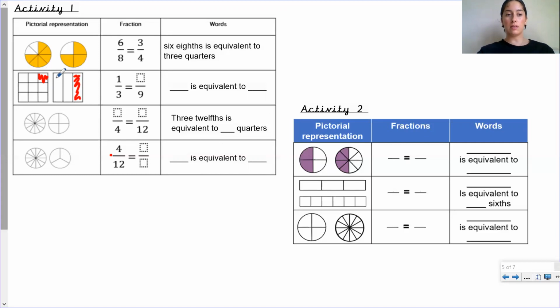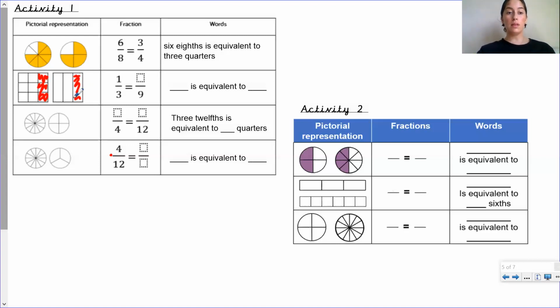No, we can see that they're not equal. Is it equivalent to 2/9? No, we can still see that it's not equal. Is it equivalent to 3/9? Yes, we can see that it goes all the way down and the same amount is shaded.